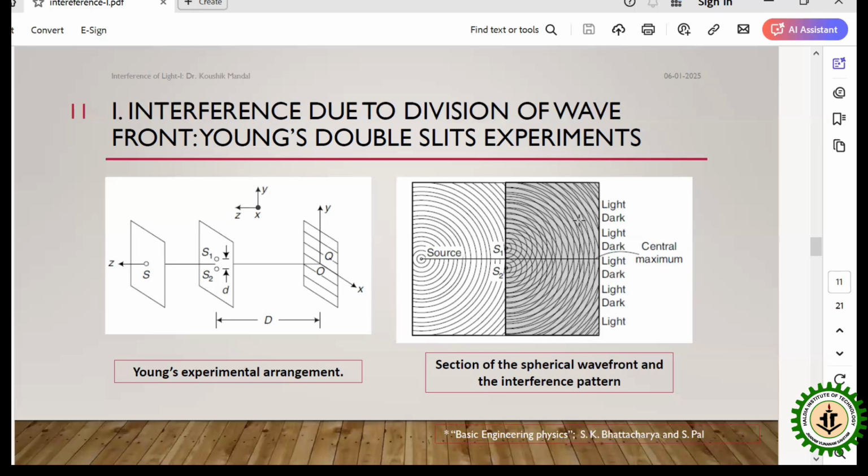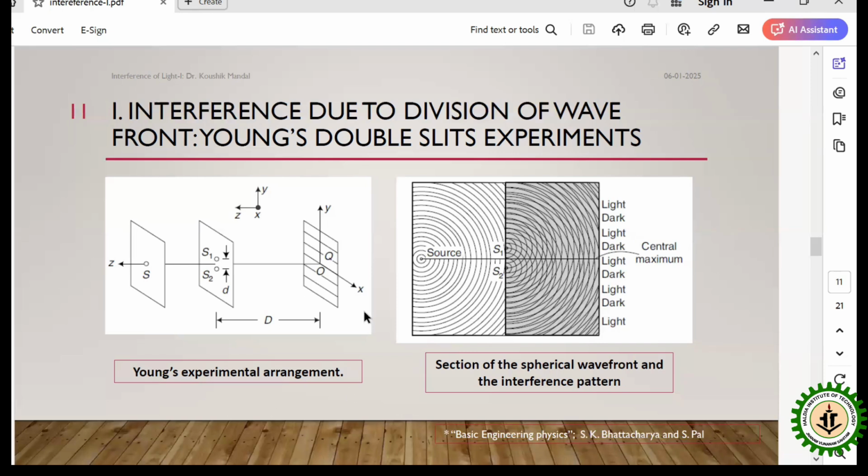Both are spherical in shape, and on overlapping, the wavefronts coming out from the two sources S1 and S2 will interfere, and you can observe alternate dark and bright spots on the screen because of the overlap of the waves coming out from S1 and S2. So this is a very easily observable, very handy experiment, Young's double slit experiment, of interference due to the division of wavefront.